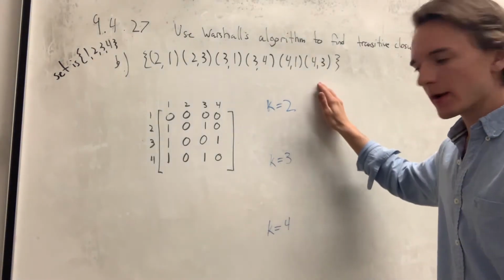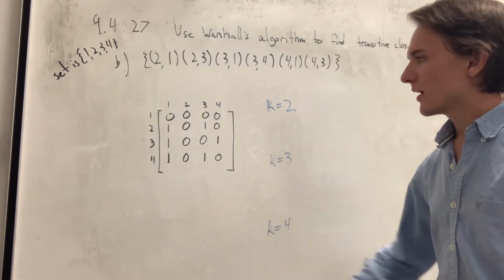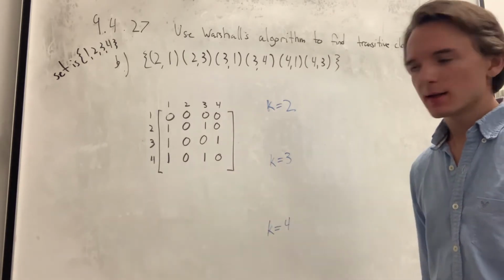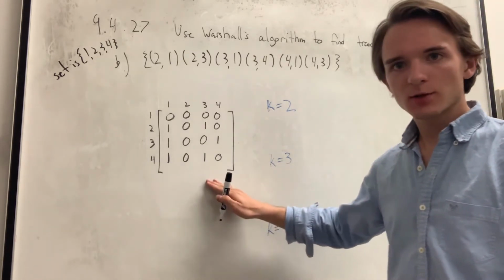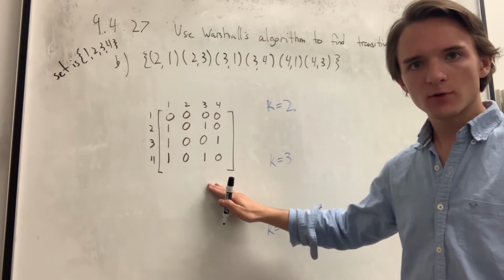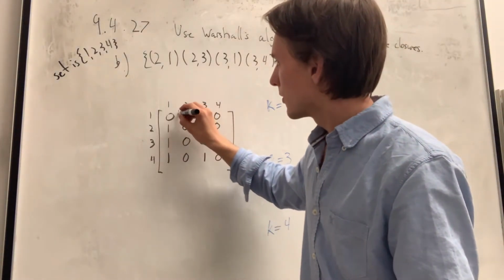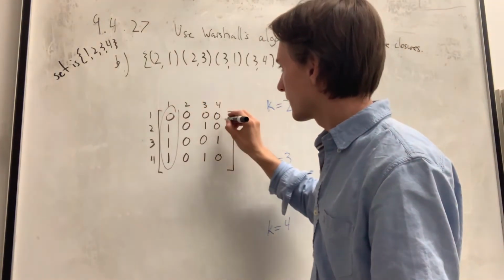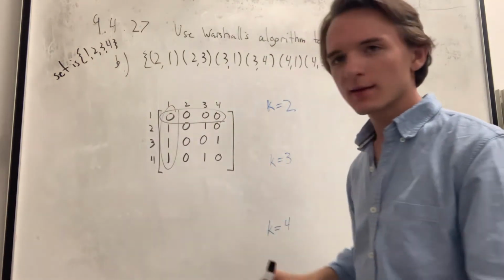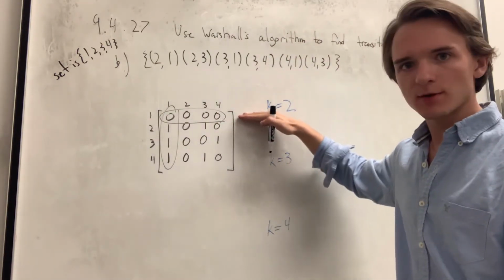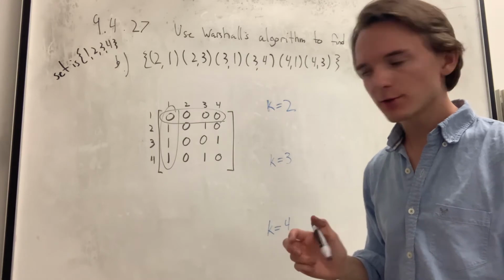We're given this relation right here, and I've already copied down the original matrix. So let's see what this looks like after 1 loop of Warshall's. We have the first column and the first row, and it looks like the first row is full of zeros, so we're not going to update anything on the first loop.